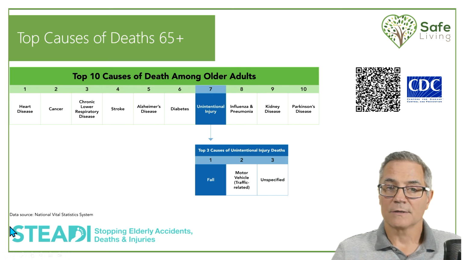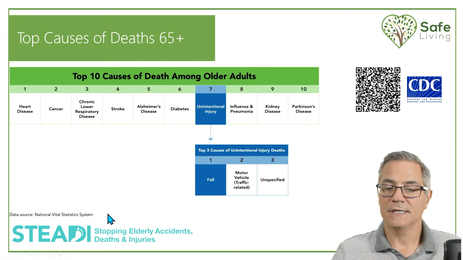Let's talk about the top causes of death age 65 plus. And again, this comes from the CDC. The number 7 top cause of death is unintentional injury. And out of that, the number 1 reason for that is falls.